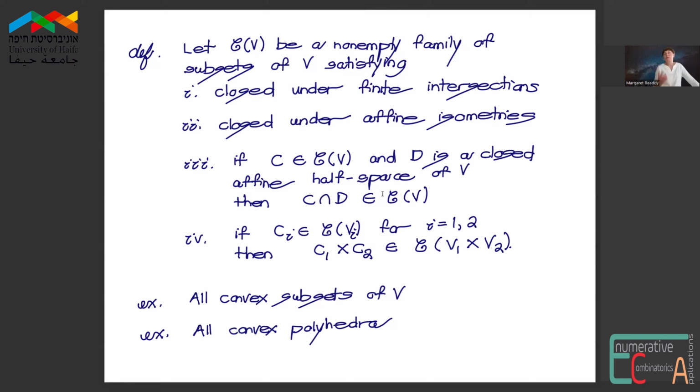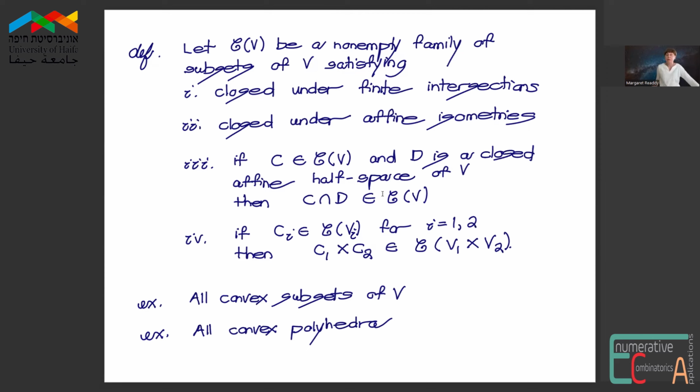So here's the more general setting we're going to be sitting in. This is a little bit of a setup. Let script C of V be a family of subsets of V. It's going to be non-empty, and it's going to satisfy the following conditions.